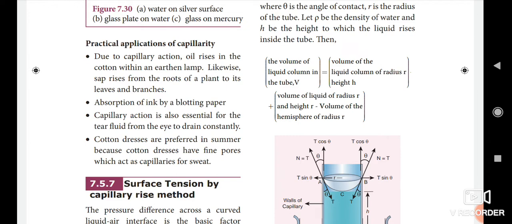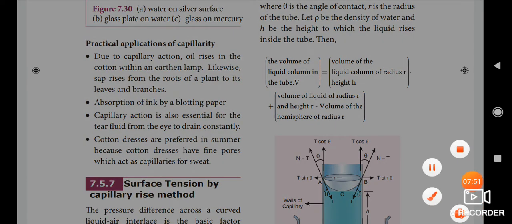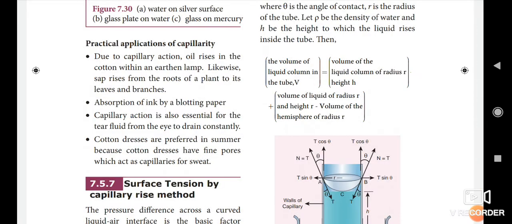First, due to capillary action, the oil rises in the cotton within an earthen lamp. Likewise, the sap rises from the root of a plant to its leaves and branches. Then next, the absorption of ink by blotting paper. I already said this example, isn't it? If we take a paper and pour ink, that paper will absorb the ink. So this is capillary action.